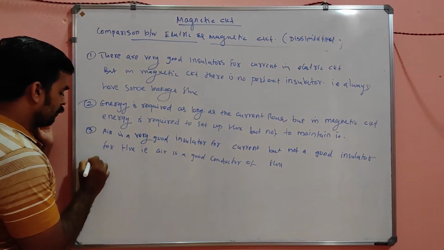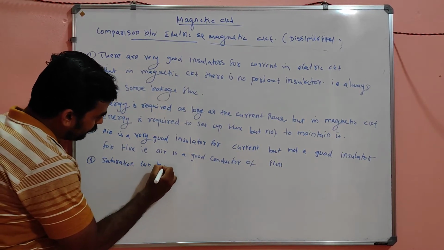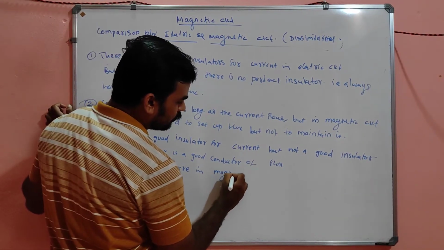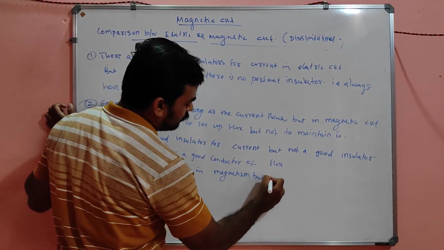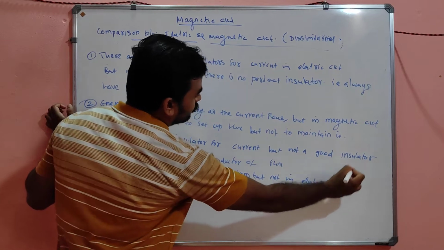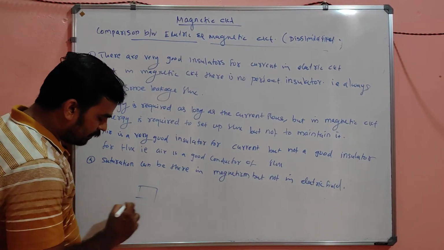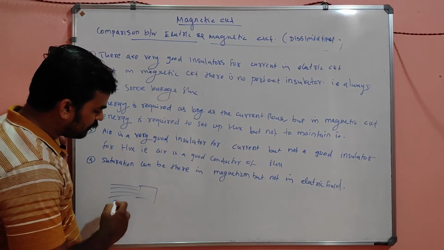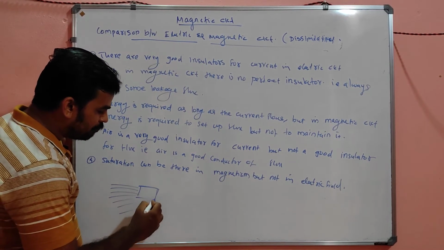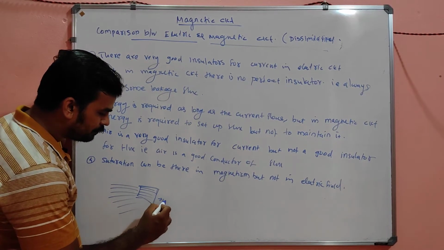And one more you can write: saturation can be there in magnetism, but not in an electric field. Saturation means, suppose you take a material and continuously flow flux lines through it. After a certain point, the core gets saturated. Suppose it carries 100 lines of force now.